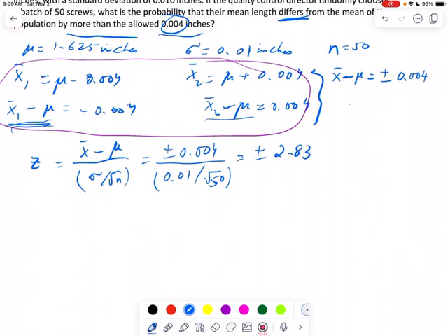Okay, so now what are we trying to find here? Let's go back and make our bell curve. I used to draw such nice bell curves. I don't know what has happened now. Oh, this is a nice one. So we have 2.83 somewhere here, and then negative 2.83. Now it is saying more than that.